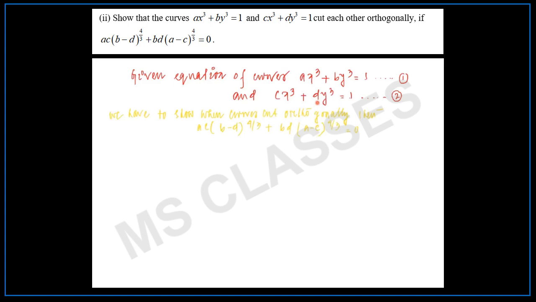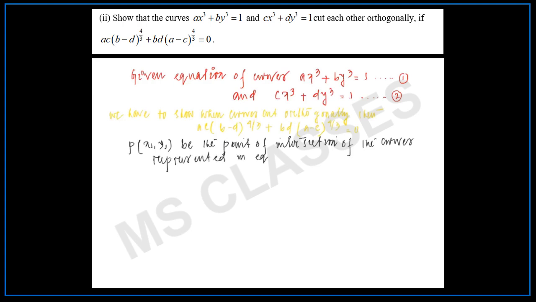So here also, at first we consider P(x1, y1) be the point of intersection of the curves represented in equation 1 and equation 2. Since it is a point of intersection, it must satisfy the equations.